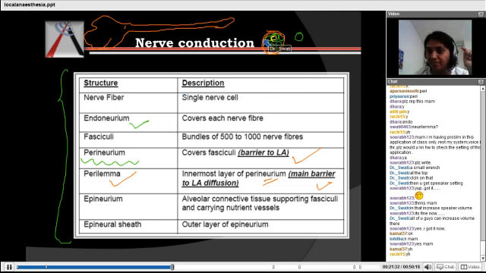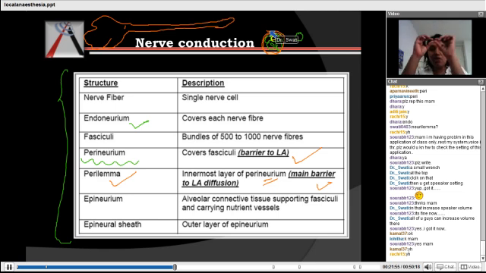This green colored is your endoneurium. With the help of this connective tissue, all the nerve fibers are glued together and they form a bundle that is called fasciculi. And this bundle is lined by your perineurium. This orange colored perineurium is the main barrier for local anesthesia to pass through.